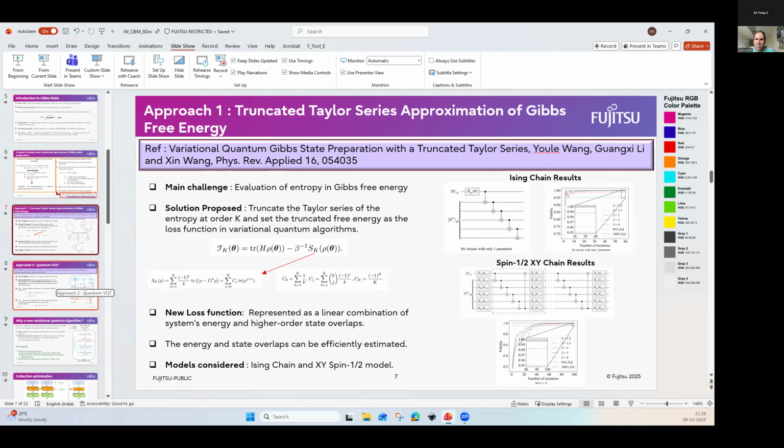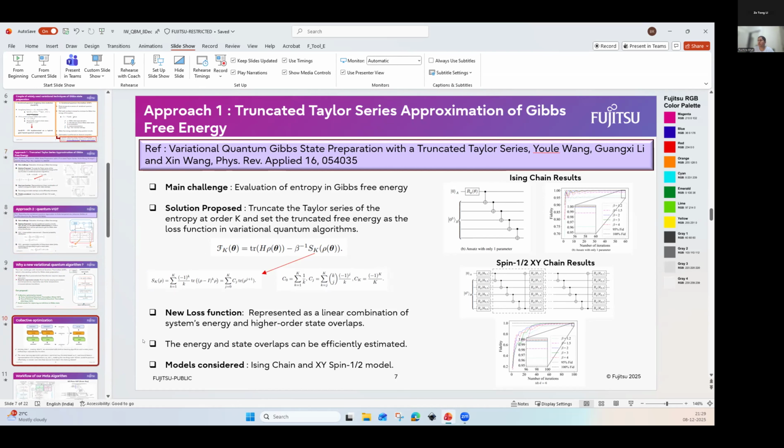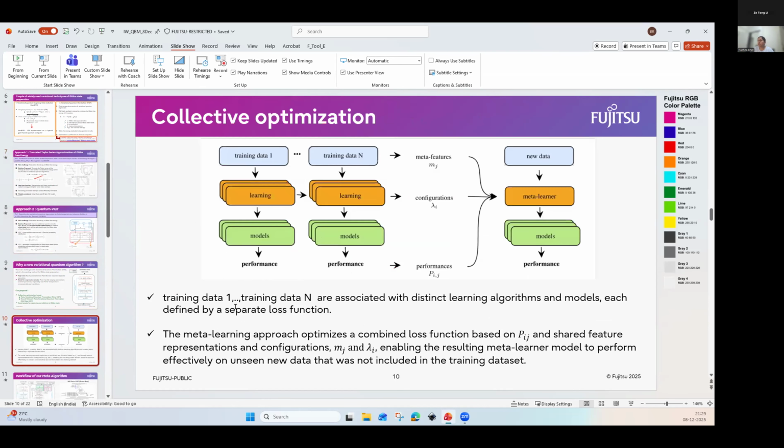Yeah, sure. I actually missed that point. When we talk about collective optimization algorithms, we are defining a cost function over different training Hamiltonian parameters, and defining the cost function in such a way is known to mitigate the barren plateau to some extent.